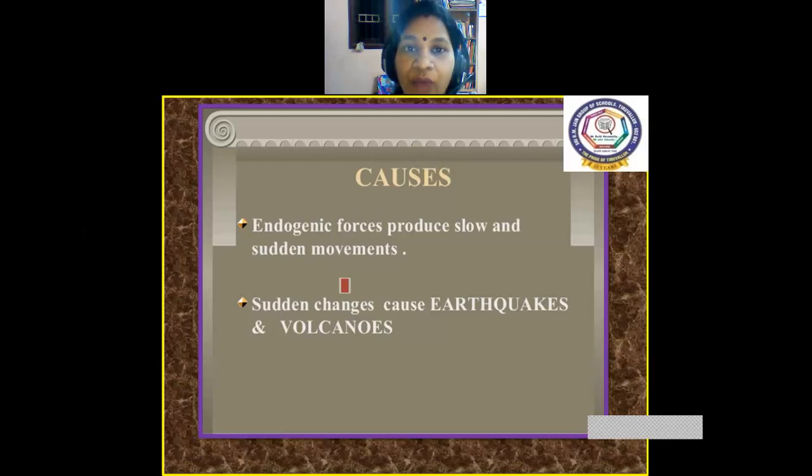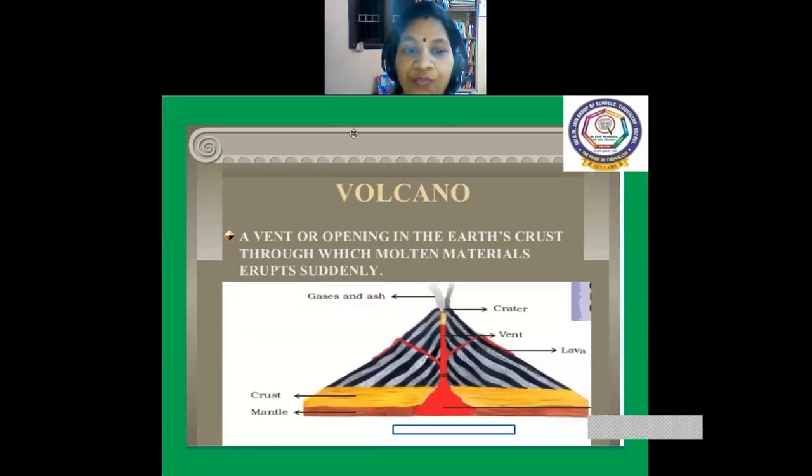Let's see first about the volcano. A volcano is a vent or opening in the earth's crust through which molten materials erupt suddenly. Suddenly the lava will erupt. This is the vent, the opening.